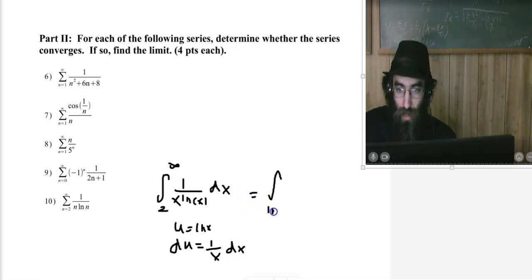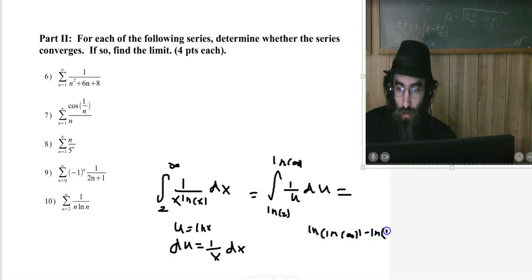Integral from ln of 2 to ln of infinity of 1 over u du. This is going to equal natural log of infinity minus natural log of 2.